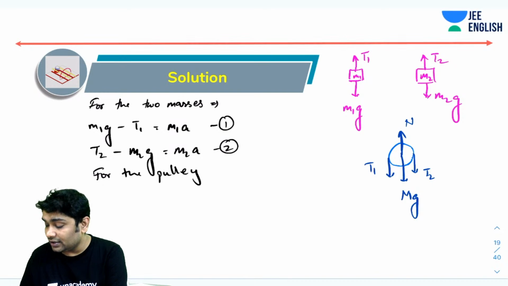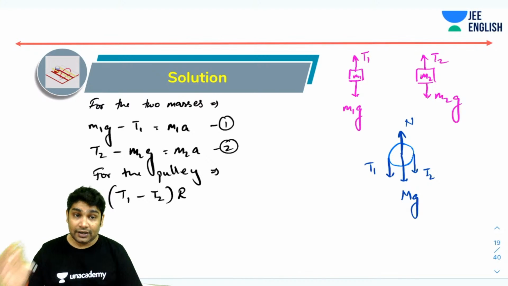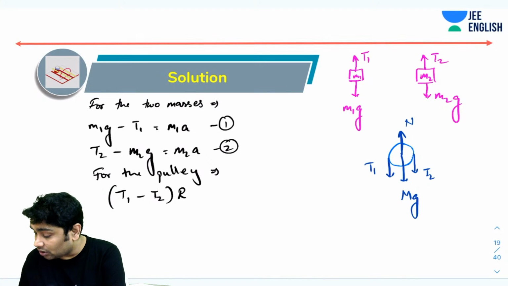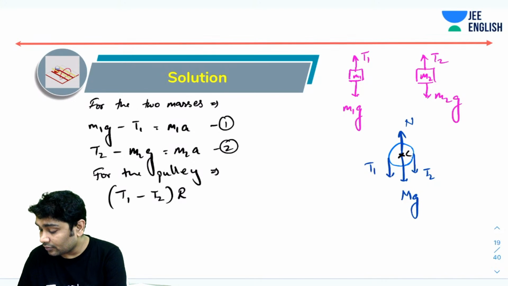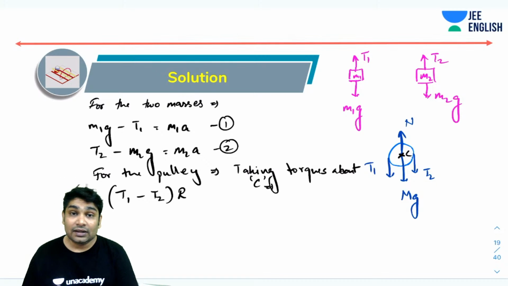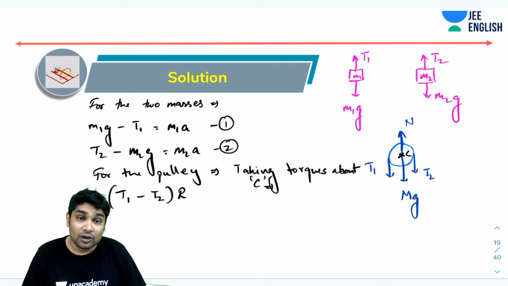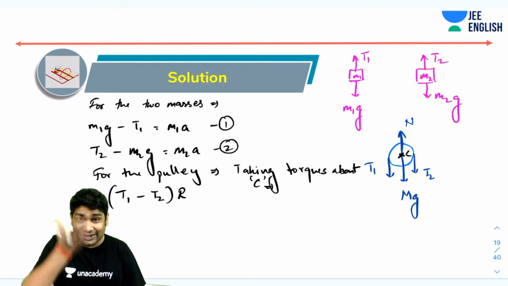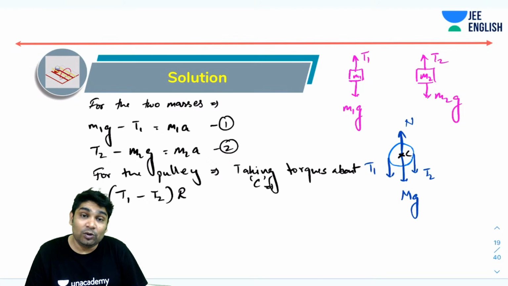what I can say is that (T1 minus T2) times R will be the net torque, taking torques about the center C. If I'm taking the torques about C, then the normal reaction from the clamp and the mg do not get any torque.